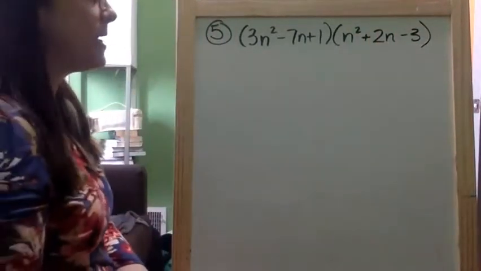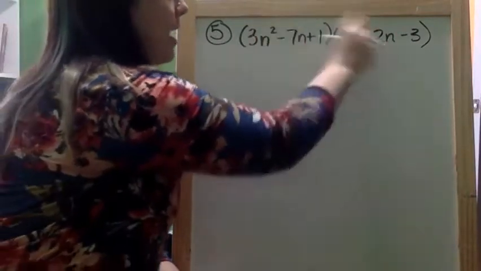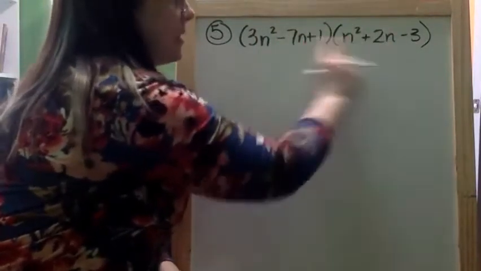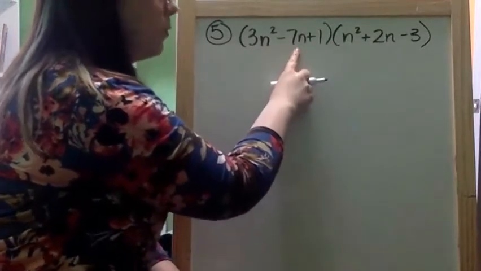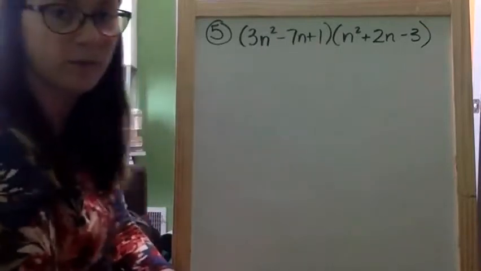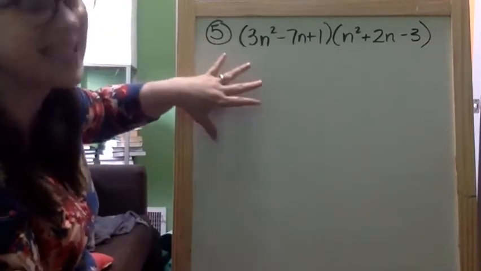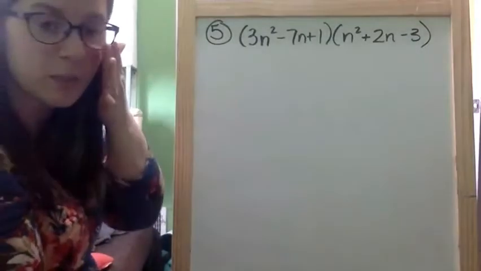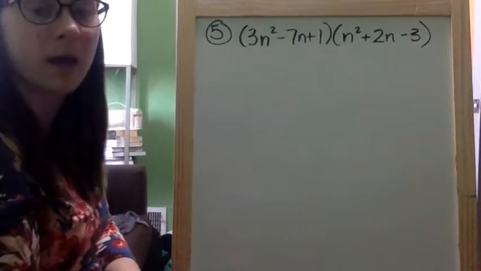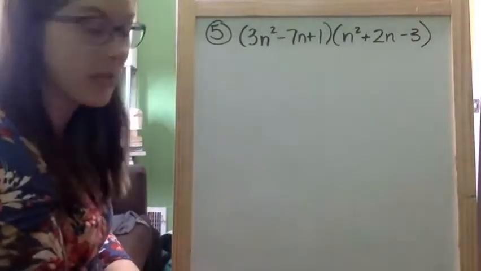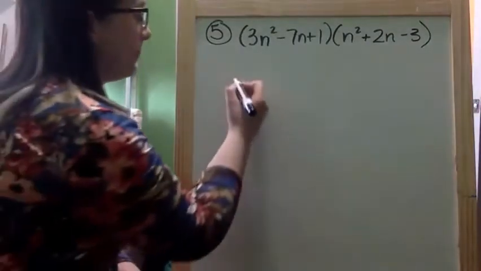So you can see here, if we started to try to use the distribution method with our arrows, we would have 3 sets of arrows, right? Because we'd have one set from the 3n squared, one from the negative 7n, and one from the plus 1. So this is definitely a place where I almost insist that you use the box method, just because it is so messy and so prone to missing something if you are using the distribution method.